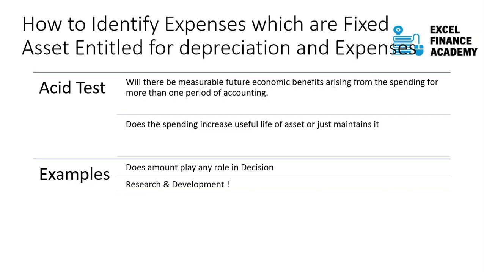It depends on the company policy and the results of research. How likely the research is going to be successful. If the research is getting successful, then you can say I can charge it to future years. But if the research is not likely to be successful, then it's an immediate expense, right?